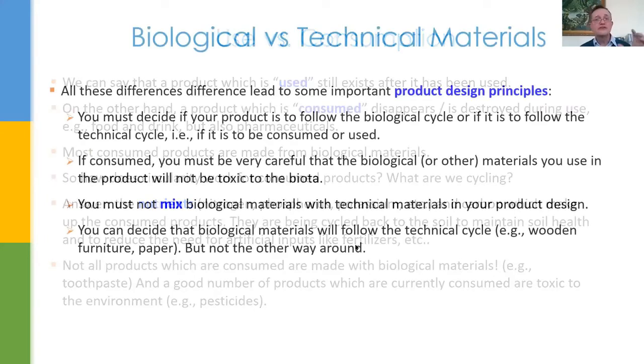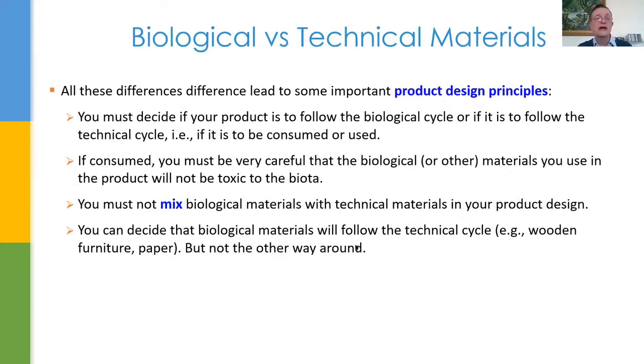So this distinction here leads to some very important, fundamental product design principles. If you're a product designer, you have to decide if your product in a circular economy is going to follow the biological cycle or if it's going to follow the technical cycle. Are you making a product which is going to be consumed or is it going to be used?